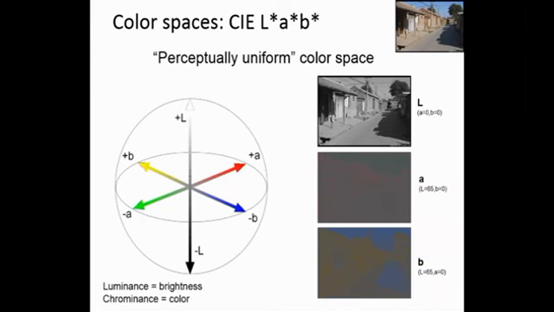Then they created a nonlinear function that maps the colors onto L, A and B. It's similar to YCrCb in the sense that A is red versus green, B is yellow versus blue, and L is intensity.